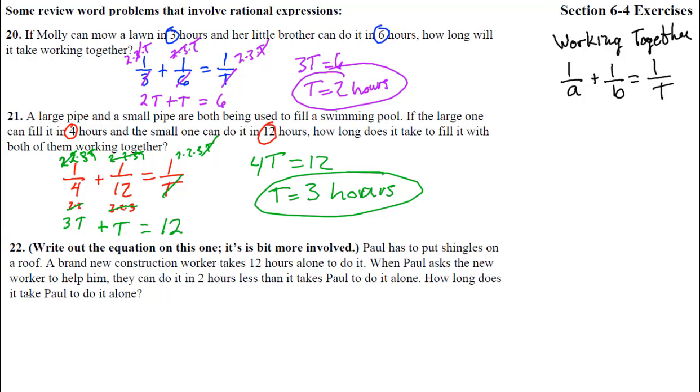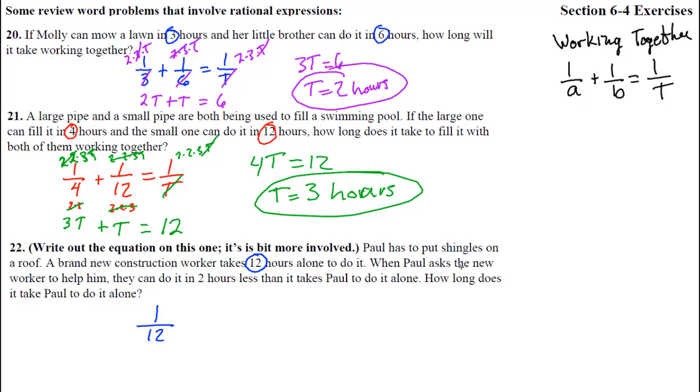Okay, number 22. Write out the equation on this one. It's a bit more involved. Ooh, I love it when textbooks say something like that. Makes it more exciting. Okay, a brand new construction worker takes 12 hours to do it alone. So this is like the A right here. So 1 over 12.